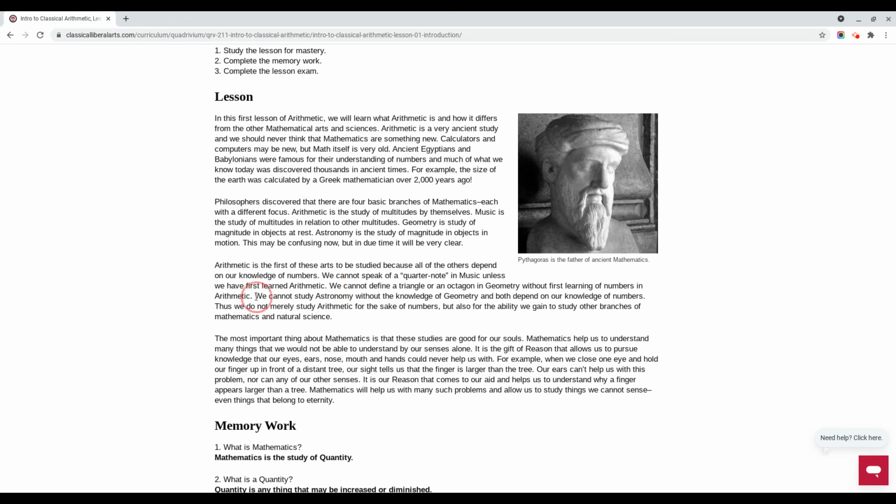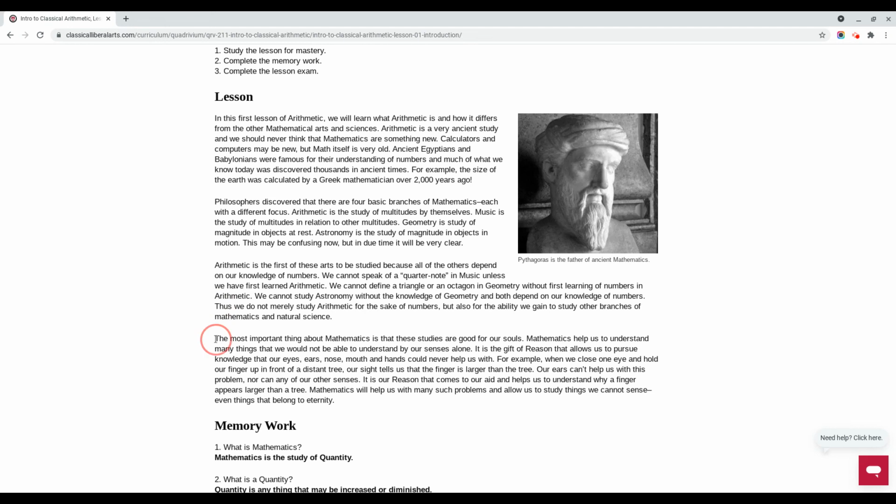We cannot study astronomy without the knowledge of geometry, and both depend on our knowledge of numbers. Thus, we do not merely study arithmetic for the sake of numbers, but also for the ability we gain to study other branches of mathematics and natural science.